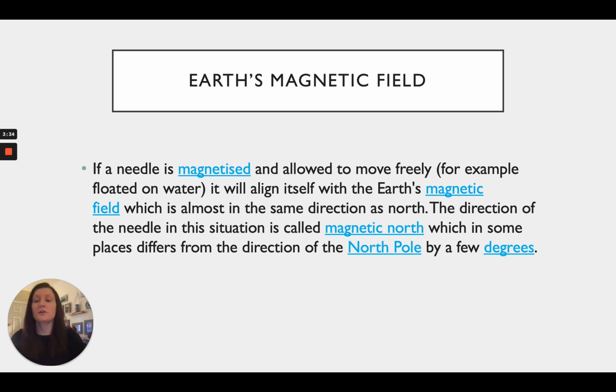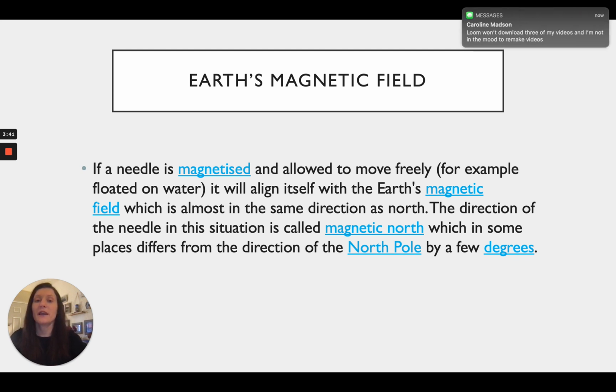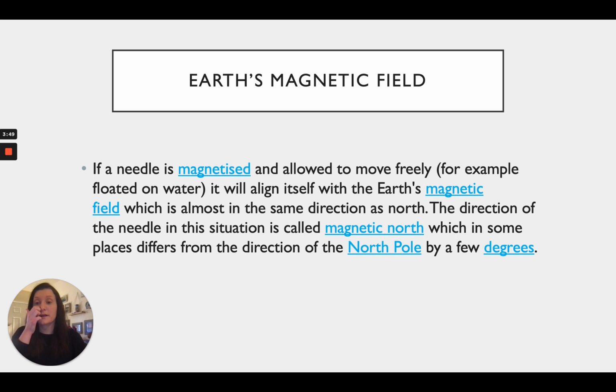All right, now we're going to talk real quick about Earth's magnetic field, and this is actually a pretty cool concept. If a needle is magnetized and allowed to move freely, for example, if you floated it on water, it will align itself with the Earth's magnetic field, which is almost in the same direction as north.